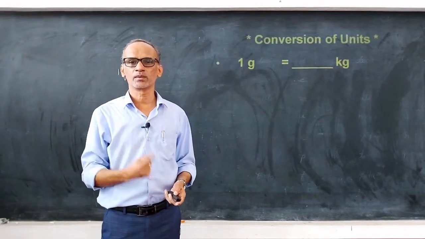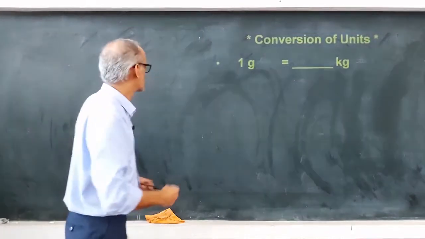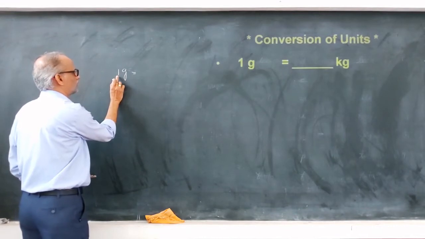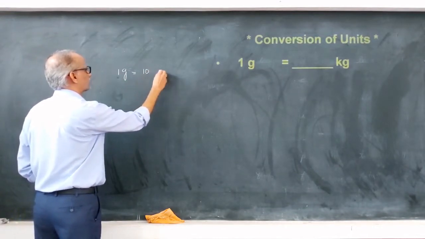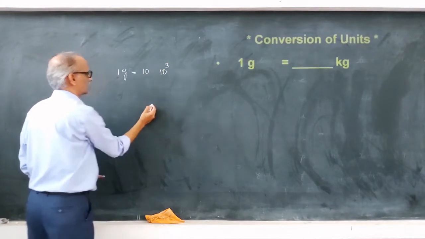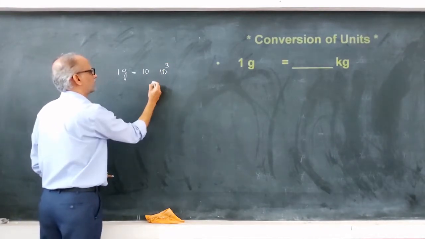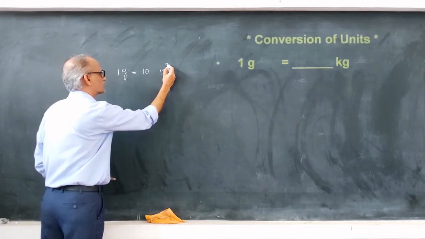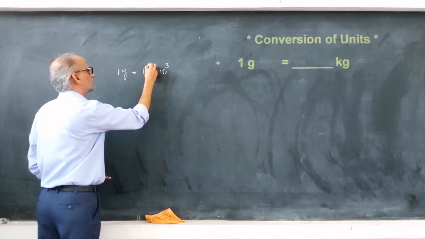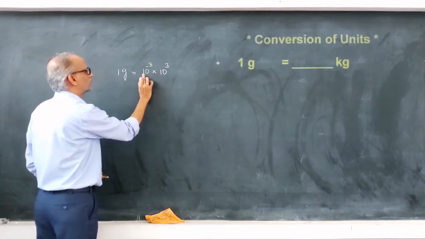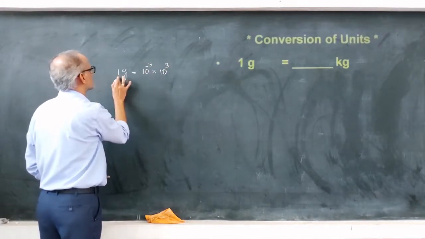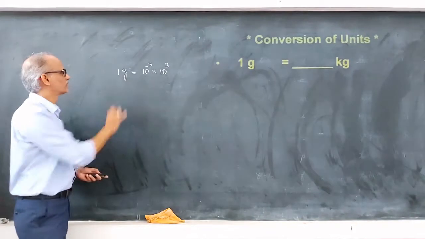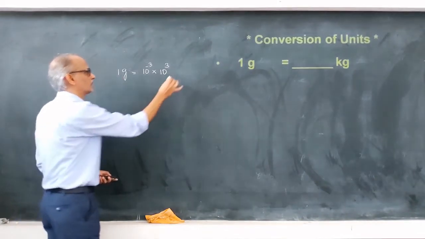Kilo, just now recall, kilo means 10 to the power plus 3. So, without changing the value, 10 to the power plus 3 is required for us, correct? But I cannot write straight away 10 to the power plus 3, so I will write 10 to the power minus 3 here. If I multiply 10 to the power minus 3 and 10 to the power plus 3, I will get 10 to the power 0, which is nothing but 1. So I have not changed the value, correct?